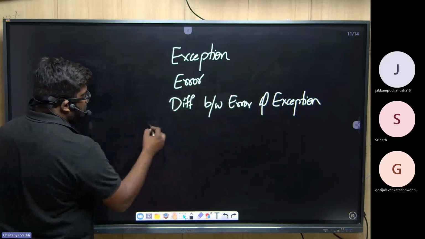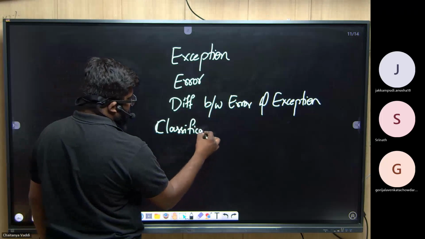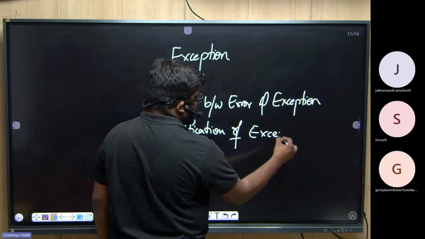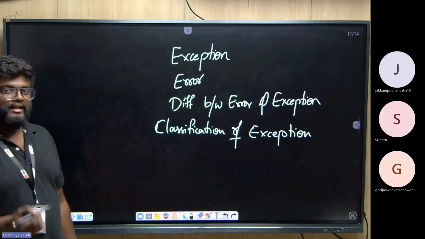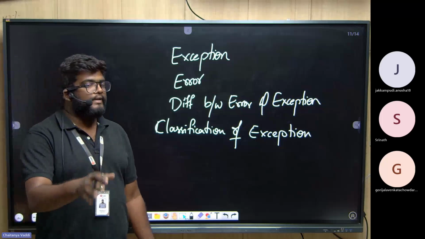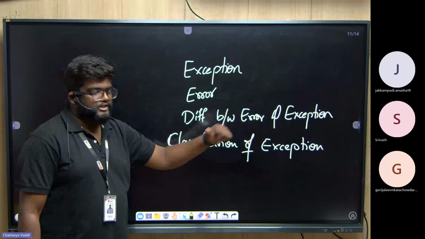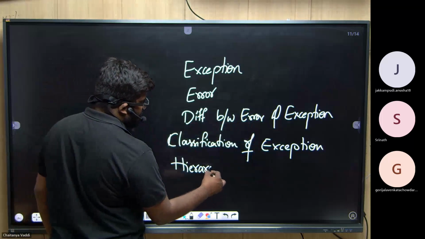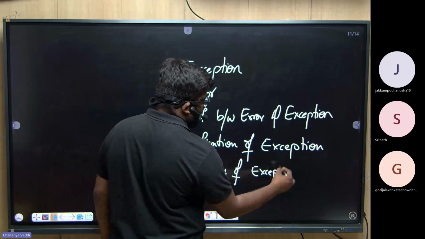And then we saw the classification of exceptions. We also understood why we should not handle an error, why it is not meant to be handled, and why we only handle exceptions specifically. Then we have seen the hierarchy of the exception API in Java.